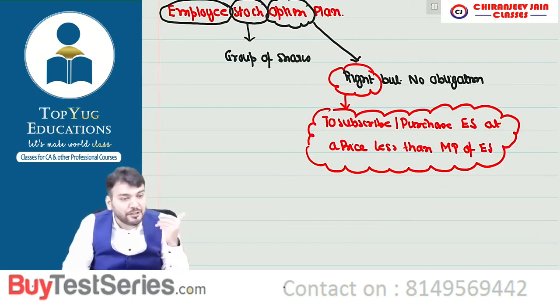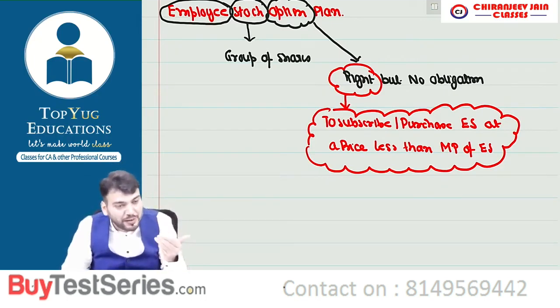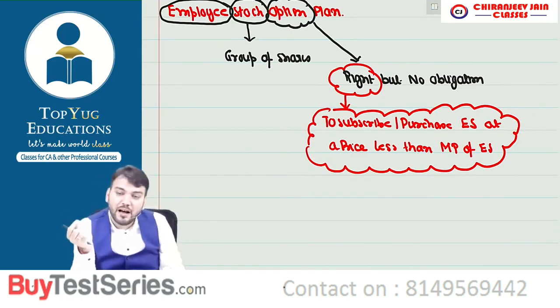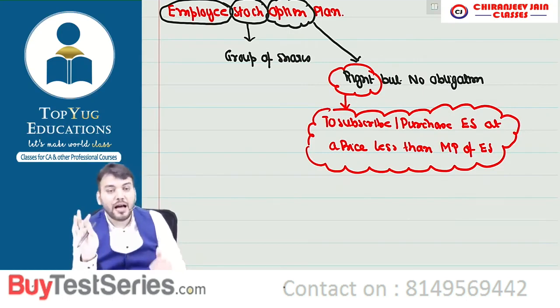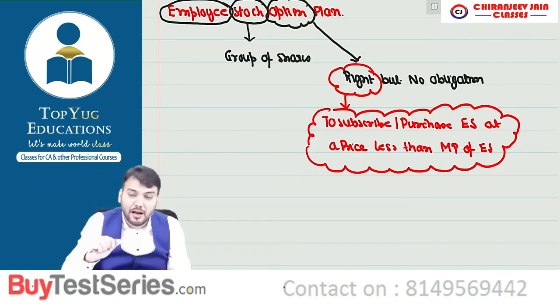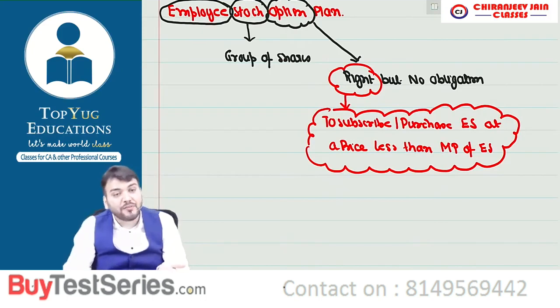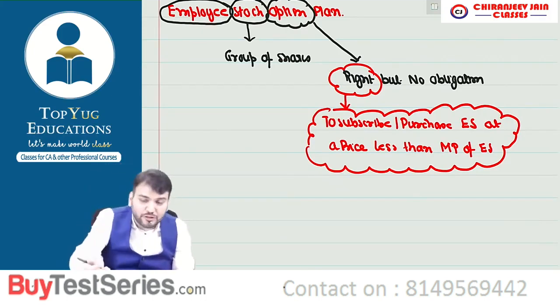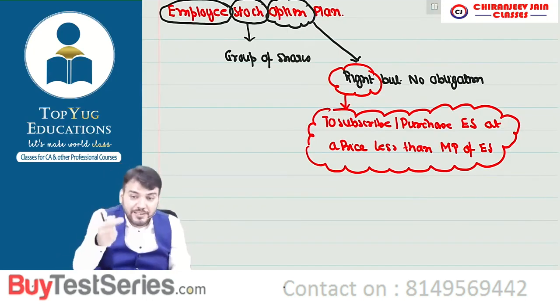For example, I have given you one right. Right दिया, that you can ask me any doubt after class. Correct ना. आप मुझसे डाउट पूछ सकते हो आफ्टर क्लास. It is a right.